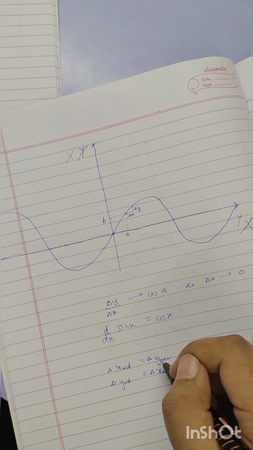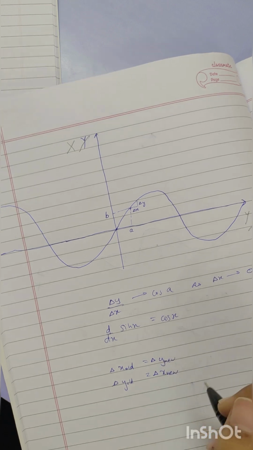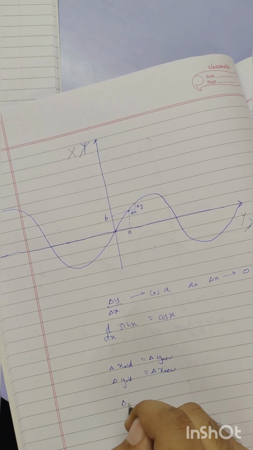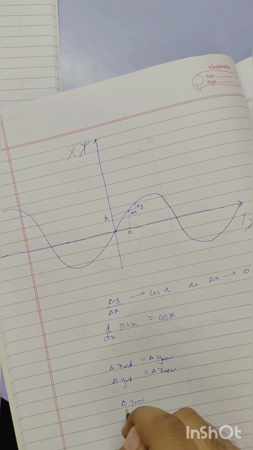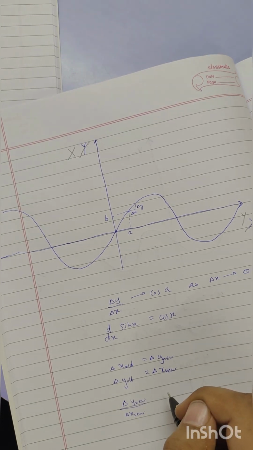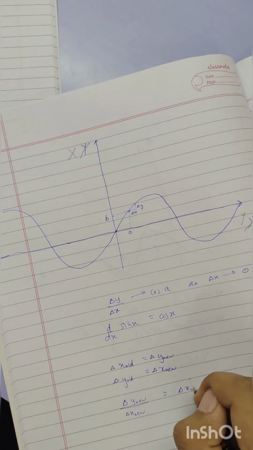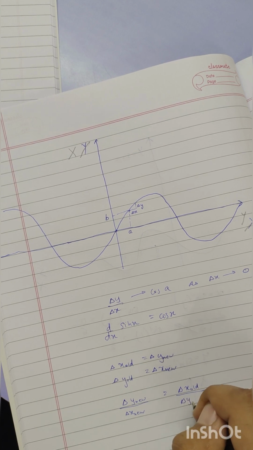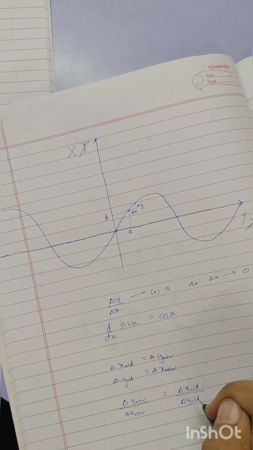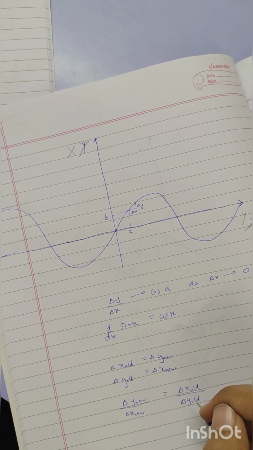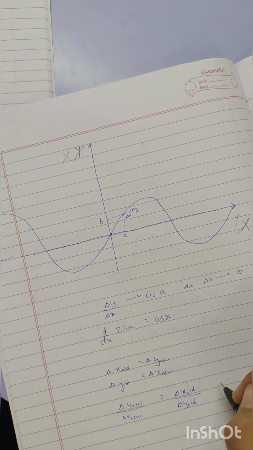So the slope at point A on the new graph would be delta y new upon delta x new, which is equal to delta x old upon delta y old, which is the reciprocal of the derivative of the old graph.